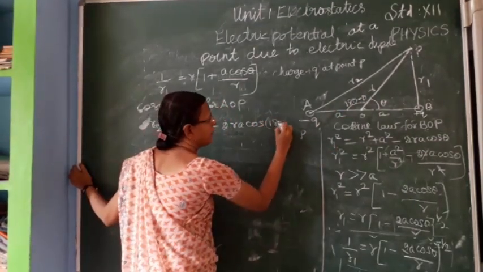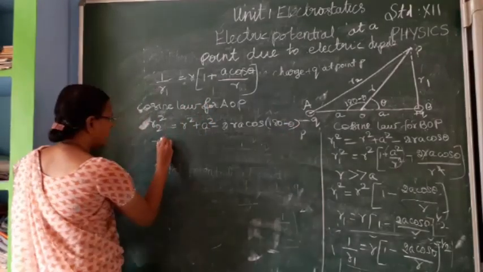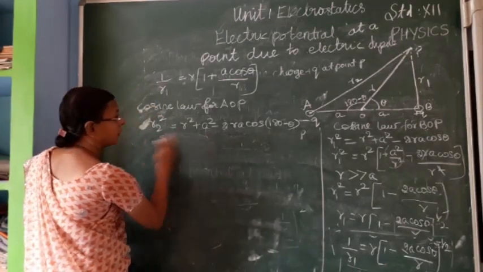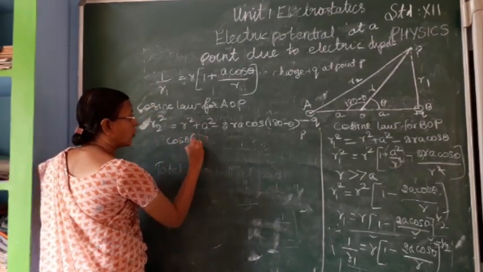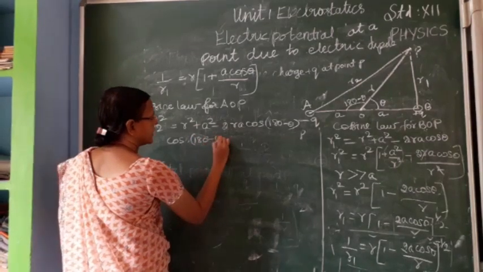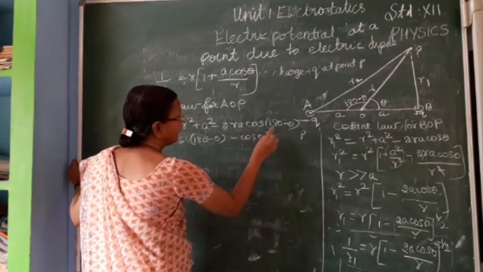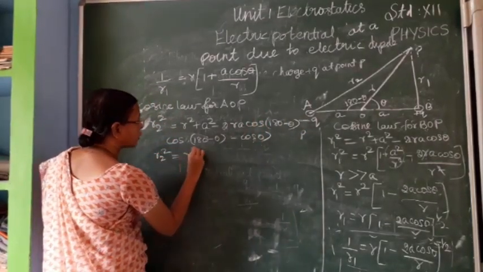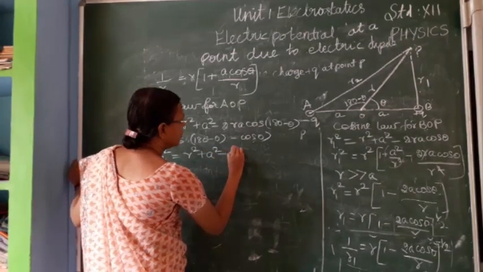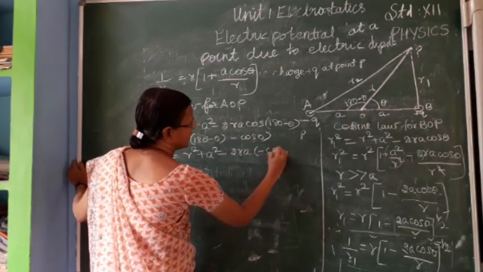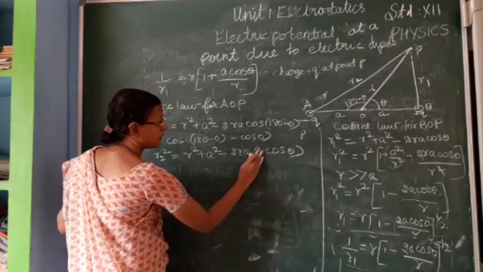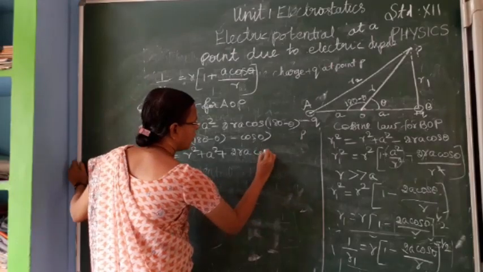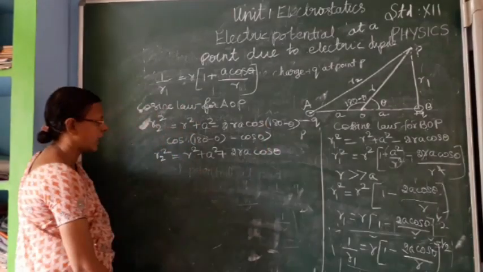Before this, one thing we have to see: cos of 180 minus theta is equal to minus cos theta. So we substitute minus cos theta here. R2 square is equal to R square plus A square minus 2RA into minus cos theta. This minus and this minus become plus, so we get plus 2RA cos theta.